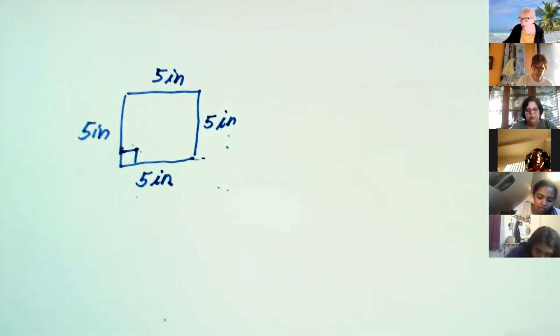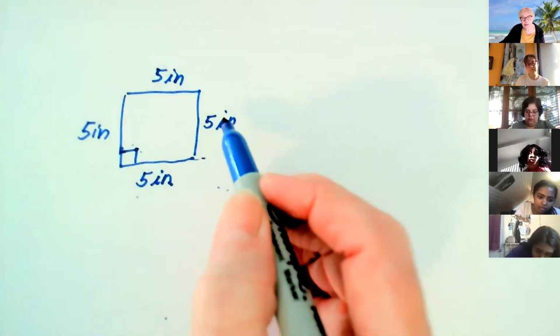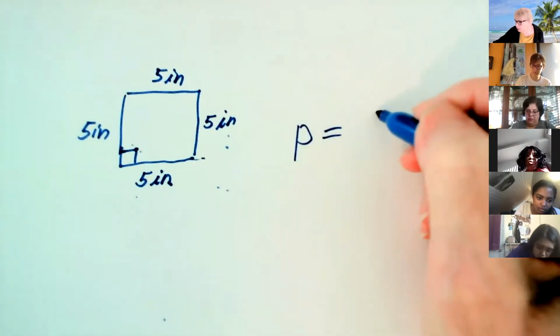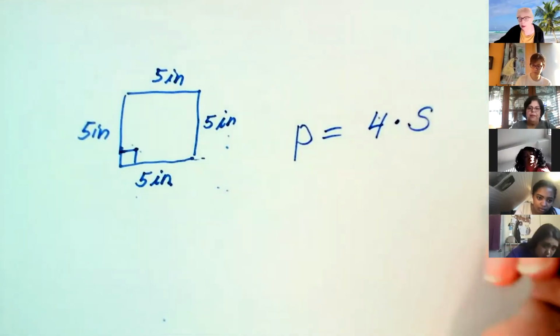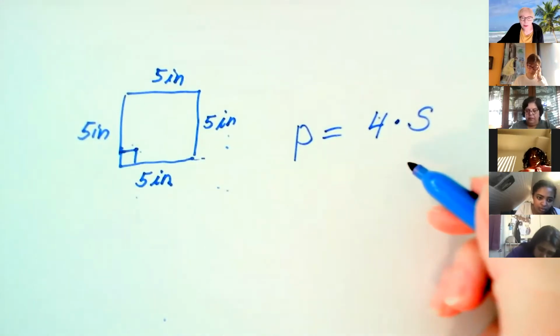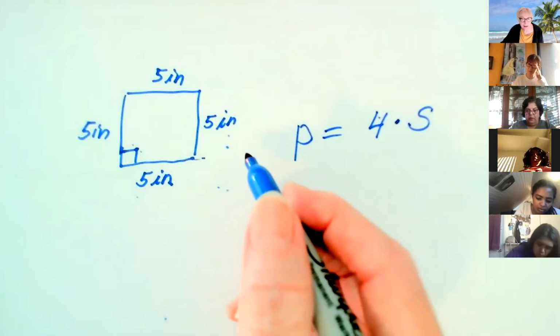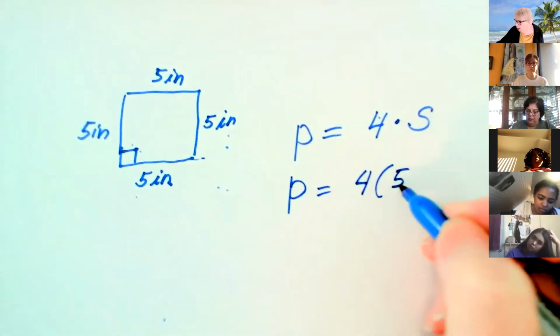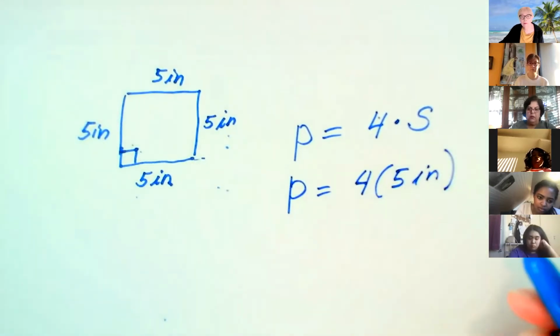You can just say the perimeter is 5, 5, 5, 5, which is 20, or they give you a formula: 4 times the length of one side, S for side. Do you need a formula? Not really, just look at it. The perimeter would be 4 times 5 inches, or just add up 5, 5, 5, 5.